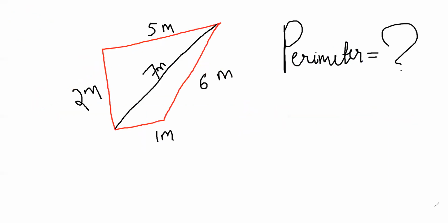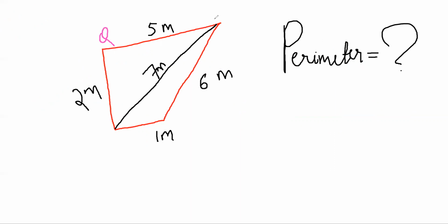This is also a very tricky question. I'm telling the answer now as I'm running short of time. You just try it. Pause the video and try it. The perimeter of the given figure is given. It is very easy.